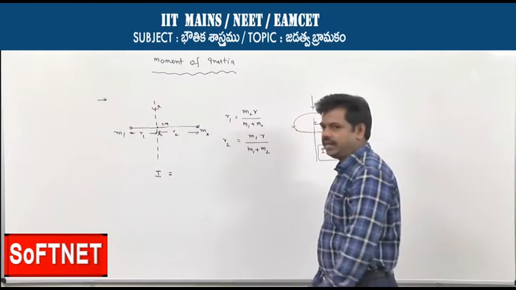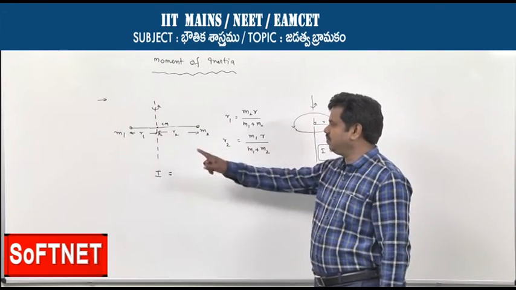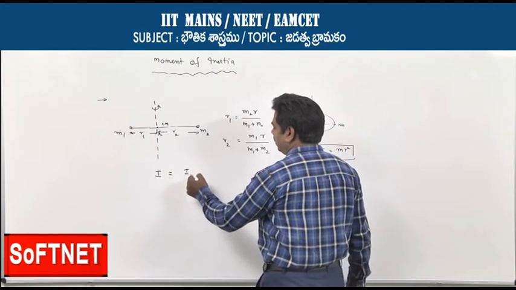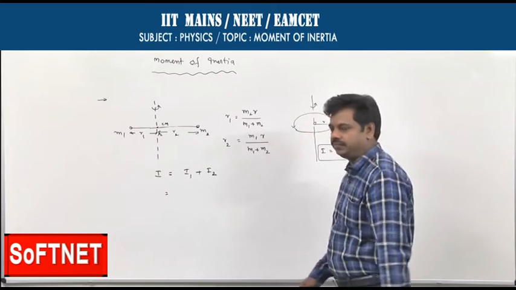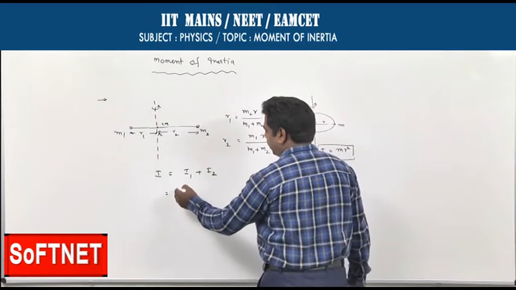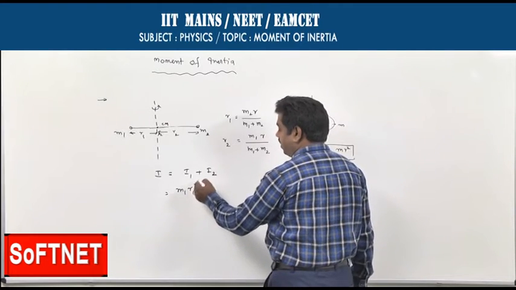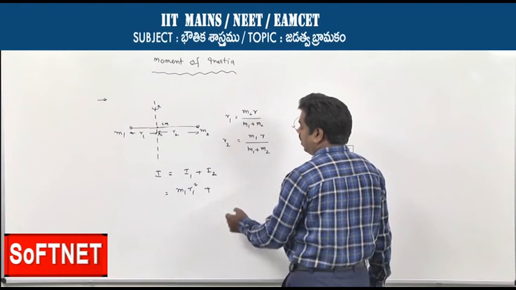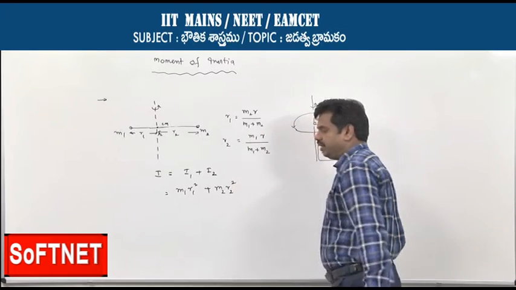Moment of inertia I is equal to the moment of inertia of the first particle plus the moment of inertia of the second particle, that is I1 plus I2. I1: mass of the first particle is m1 and its perpendicular distance, do remember, is r1, so m1 r1 square, plus I2, that is equal to m2 into r2 square.